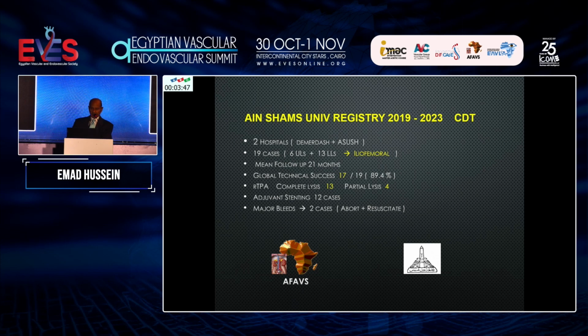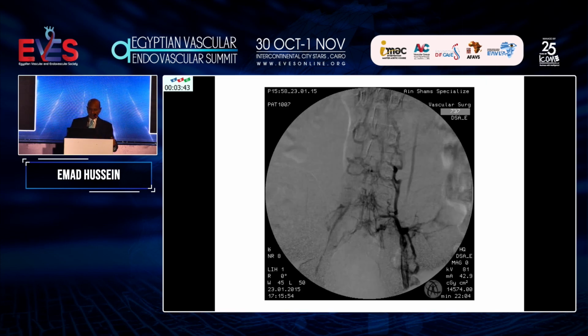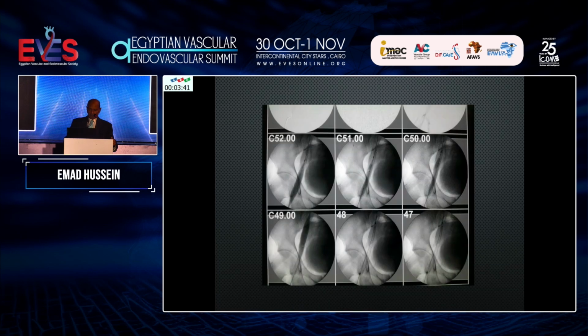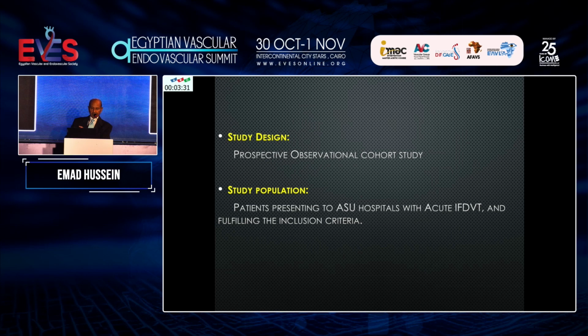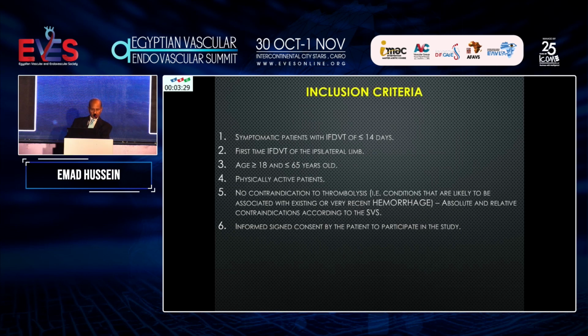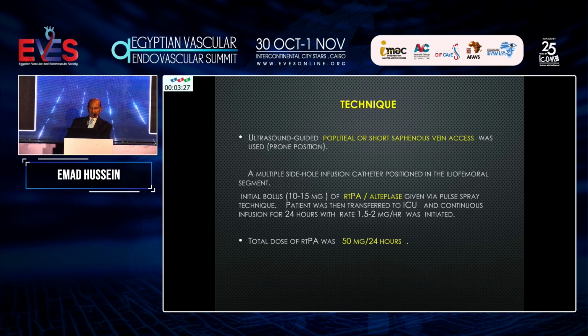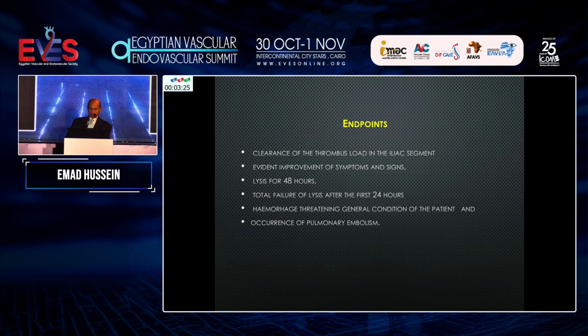That's our registry. I'll go quickly through it. We were able to follow up 20 patients in phase 1. Those are the inclusion criteria, and those are the endpoints. I'm going quickly.